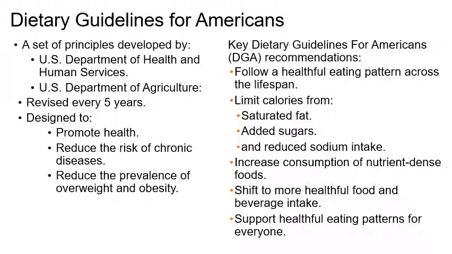The key DGA recommendations are to follow a healthful eating pattern across the lifespan, limit calories from saturated fat and added sugar, and reduce sodium intake. It's also to increase consumption of nutrient-dense foods that have fewer calories and more nutrients like vitamins and minerals. And this is to shift to a more healthful food and beverage intake and support healthful eating patterns for everyone.